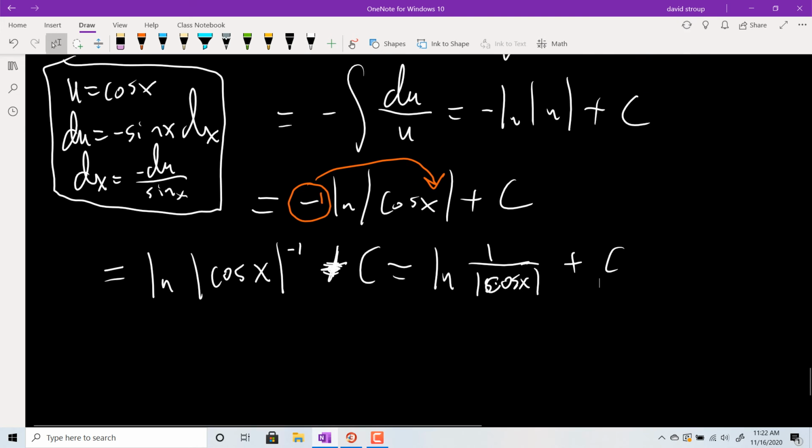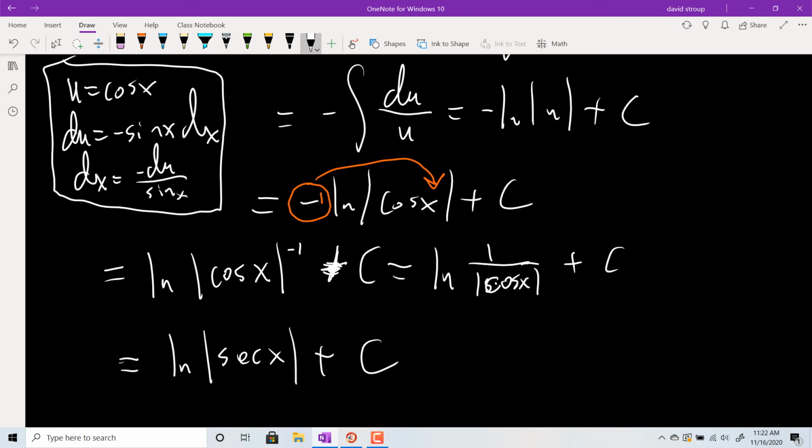And then that's exactly the same thing as the ln of the absolute value of secant x, plus c. So you'll see either one.